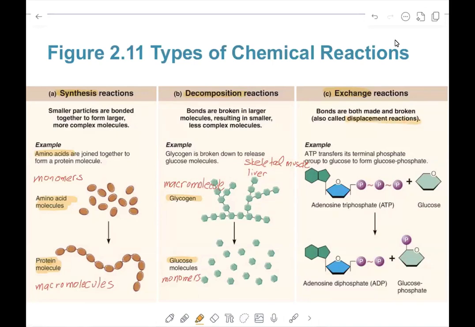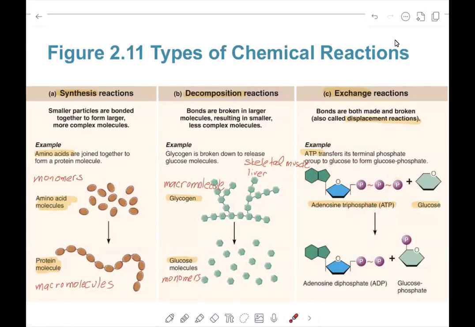But what happens here is there's a large macromolecule called ATP, adenosine triphosphate, which is going to combine with glucose. So imagine the ATP is the couple that came to the prom.